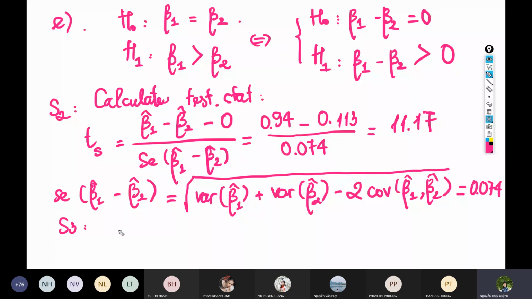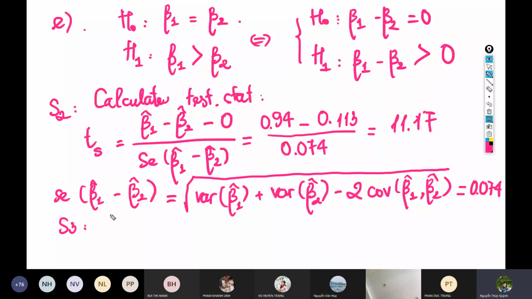Now let's determine the conclusion. You can use the p-value approach or the test of significance approach. You can use either one because neither is more convenient here. You still have to look for the critical value or the p-value associated with this test statistic. So let's determine the critical region for the test.